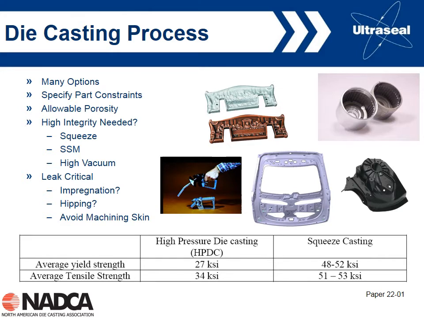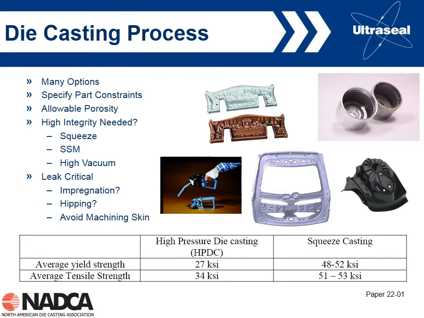It's going to freeze off before we are completely filled. So instead, with that process, this part's being produced by high vacuum die casting. So if we're producing this kind of component, we need to be designing up front for the high vacuum process. It's large, it's got long flow distances, thin walls, needs low porosity, so it's ideal for high vacuum.